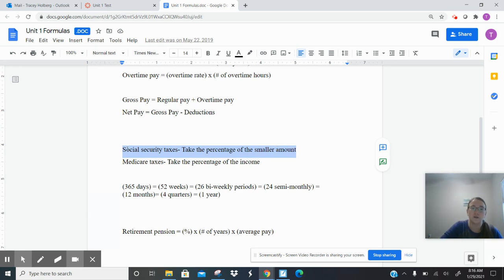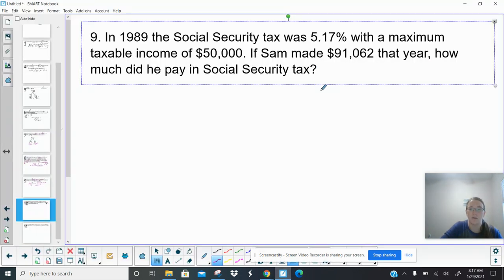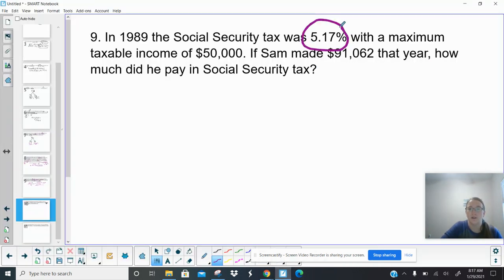All you had to do for Social Security is take the percentage of the smaller amount. They give you a percentage and 2 dollar amounts. You take the percentage of the smaller number. So that's it. Percentage of the smaller number. And then you're done. I ignored this one.